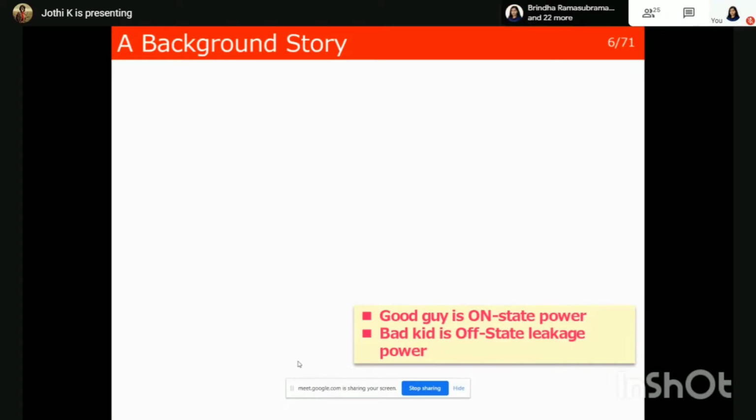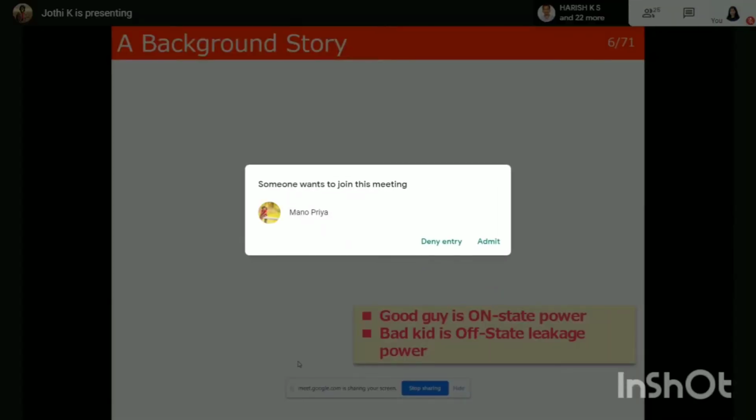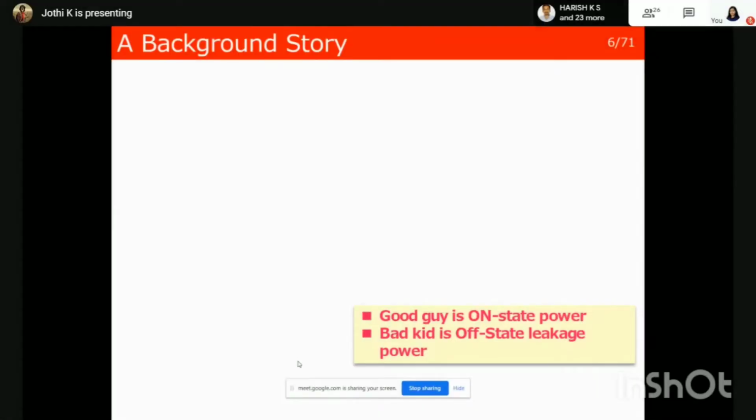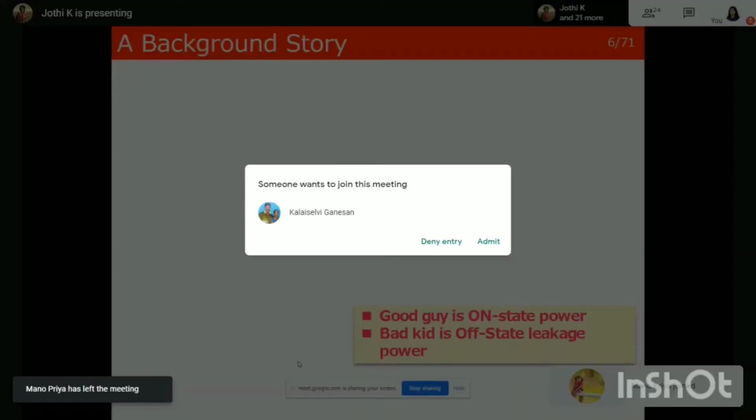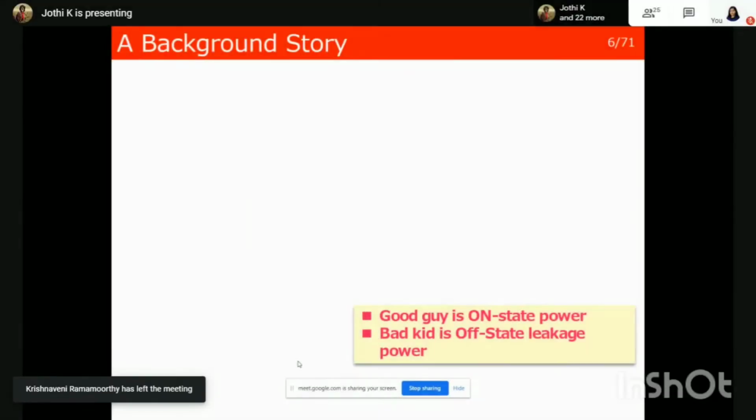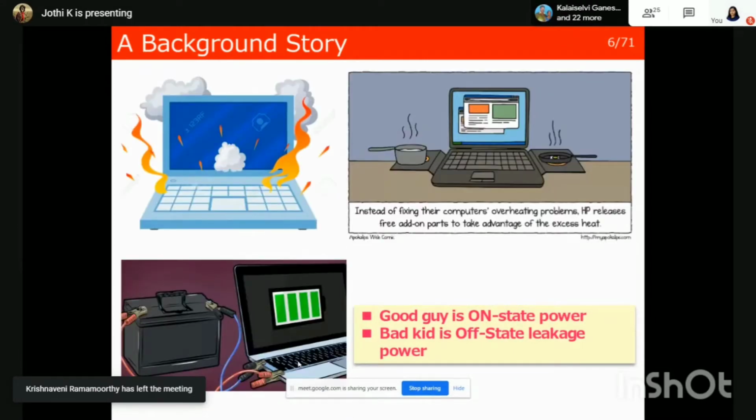Now let's say we also establish the doctrine that the good guy is the on-state current and the bad kid is the off-state leakage current. I think most of you know about CMOS basics, but some of you might not be familiar with the terms, so that's why I'm spending more time establishing this. Right. Now this is the problem.